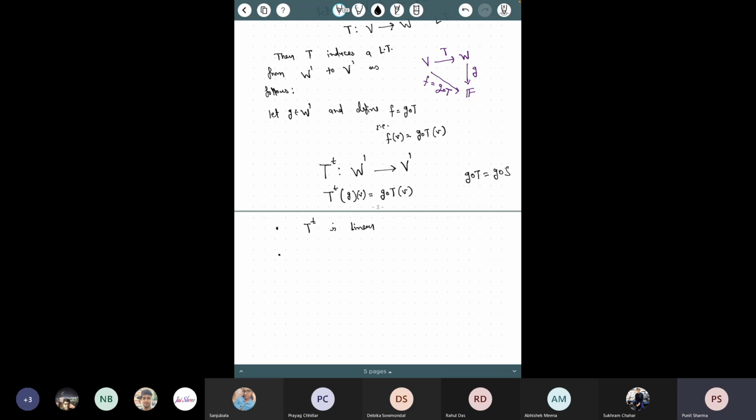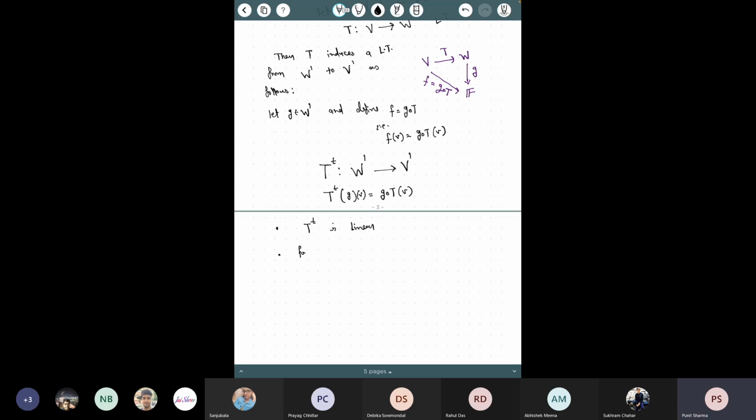Actually, you cannot define another map using the same composition, because t is a given map, and you want to relate every functional on W using this decomposition. So there is only this way to define this; there is no way to define a different one.